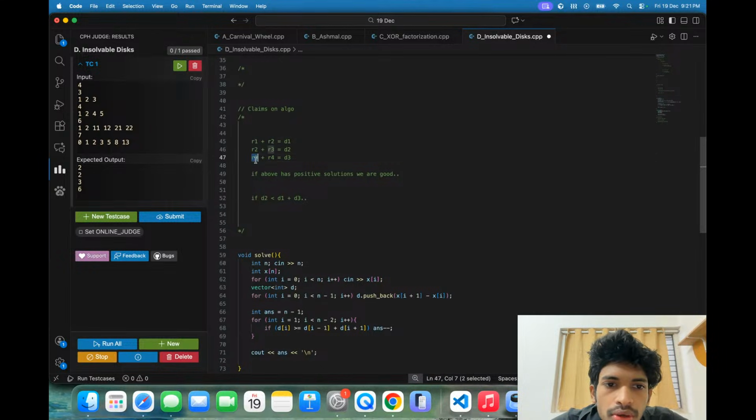Okay, you need not worry about that. If you fix R3 to be D2, you have the R4 value fixed.